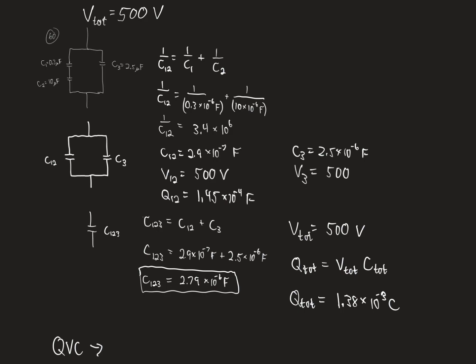And what's the charge? 2.5 times 10 to the negative 6 times 500 was 1.25 times 10 to the negative 3 farads.